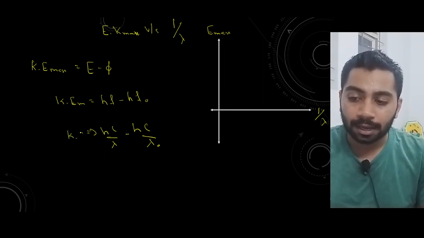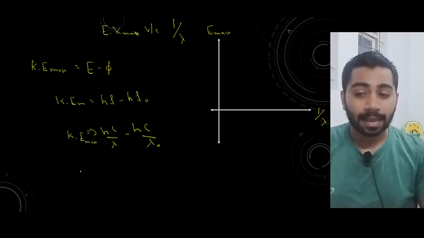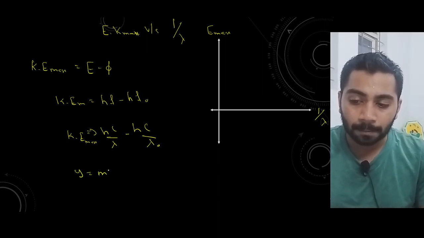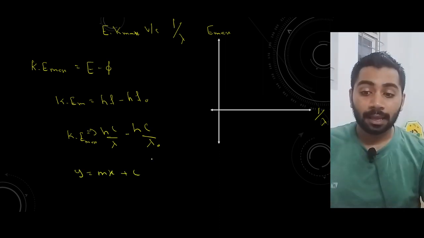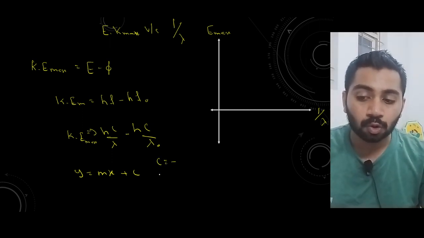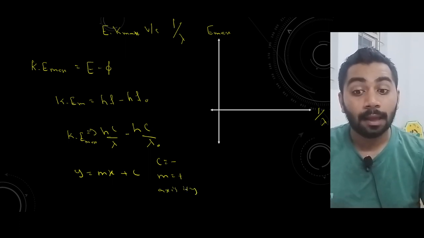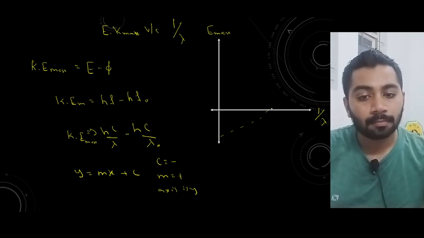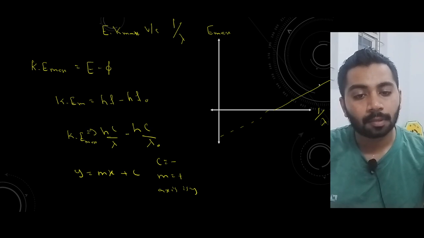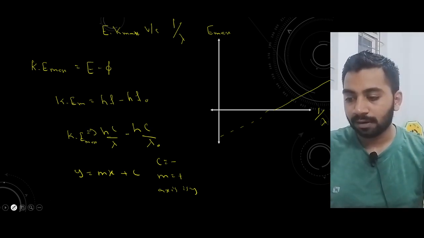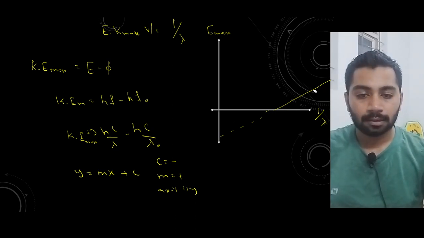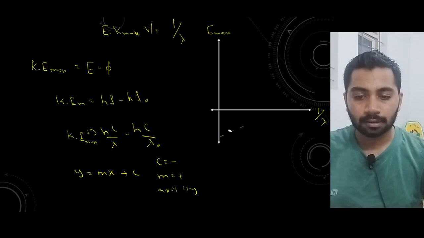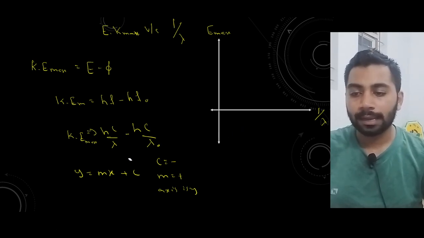Now kinetic energy max, this is again like y is equal to mx plus c. Again the intercept is negative, slope m is positive, axis is y. Again same thing. Hey guys, do you like this?